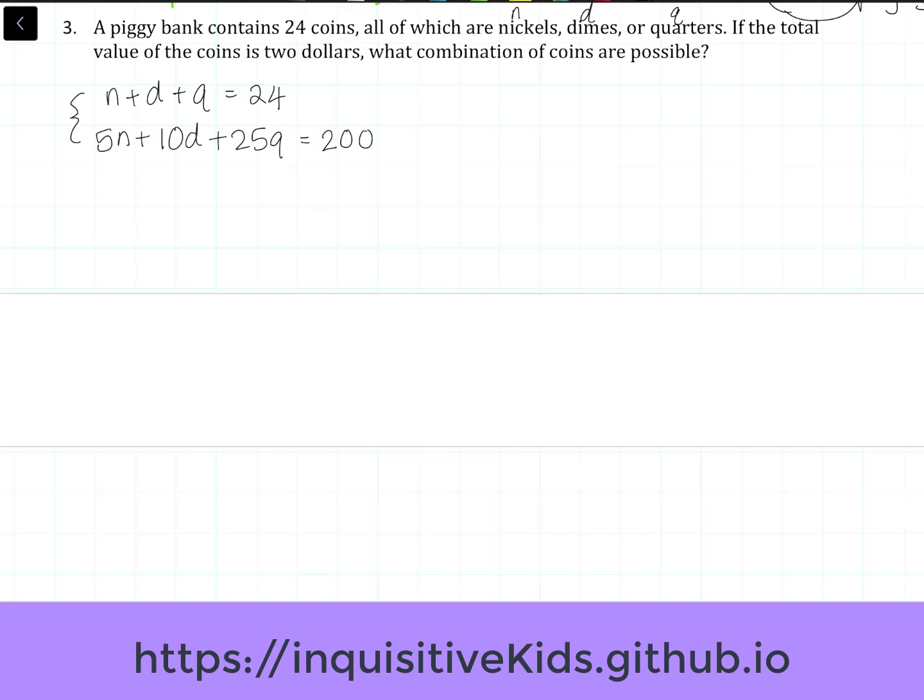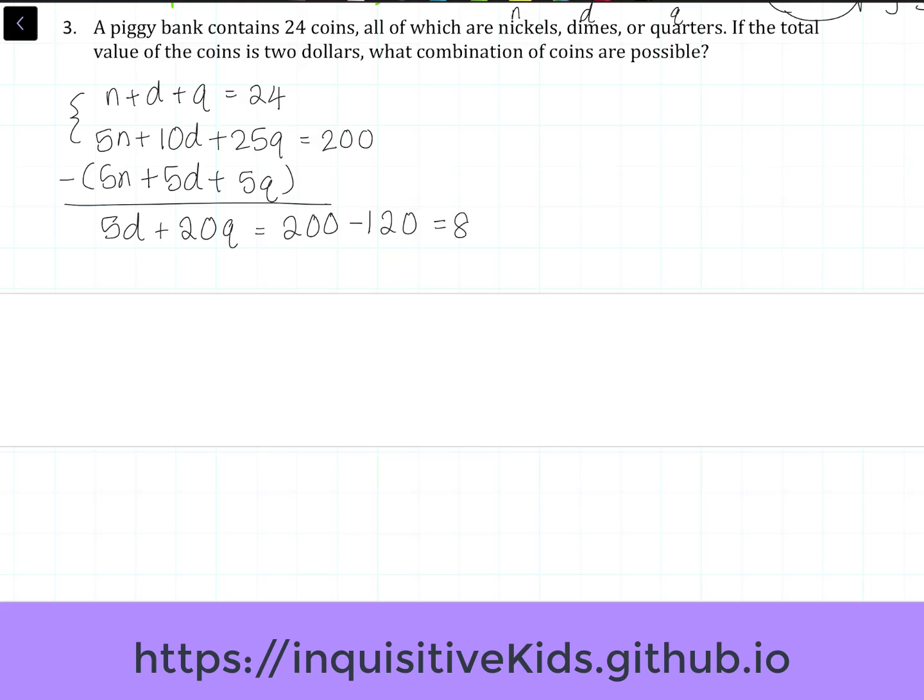So this is our system of equations. But to get rid of n, we can just multiply both sides of equation 1 by 5 and then subtract that from the second equation. So if we were to subtract 5n and 5d and 5q from the second equation, we would have 5d plus 20q is equal to 200 minus 120, or 80.